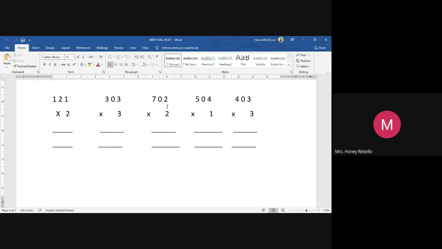How to multiply 121 into 2? Tell me. How to start 121 into 2? 1 into 2. 1 into 2 is 2. Very good.